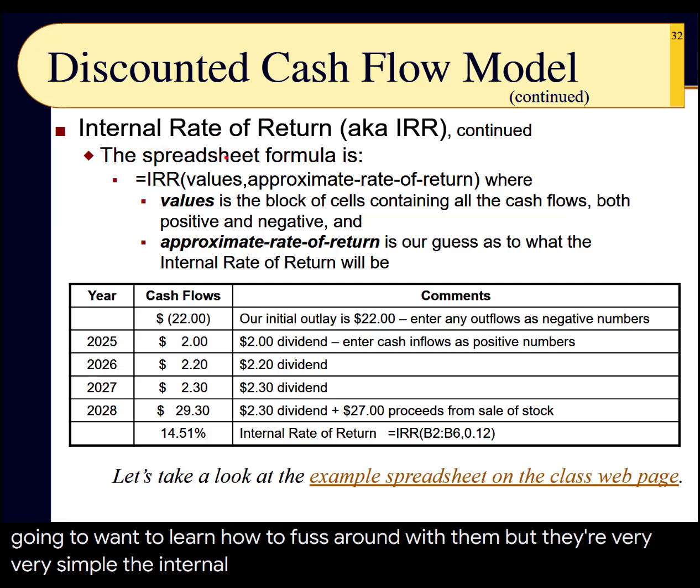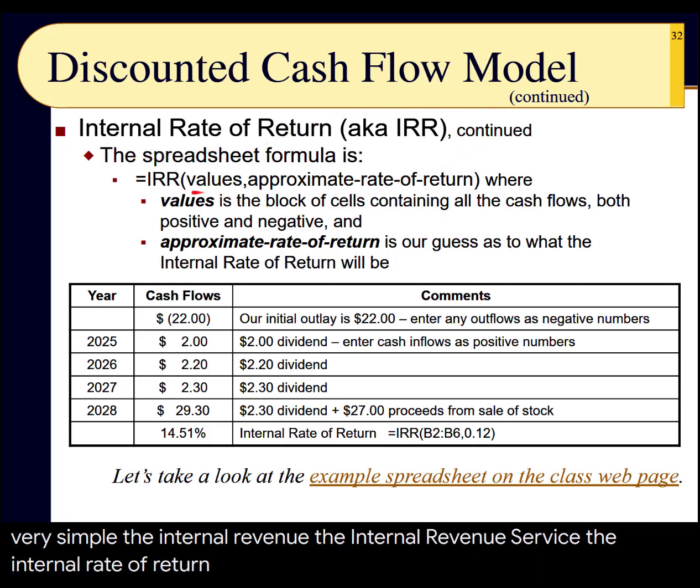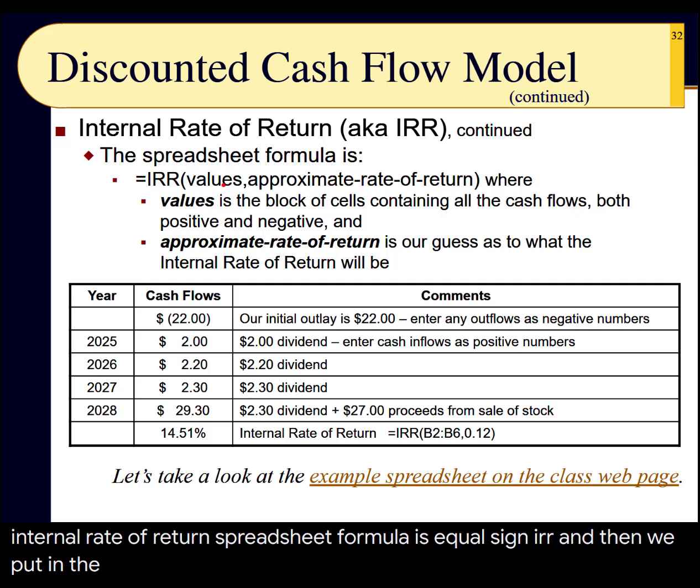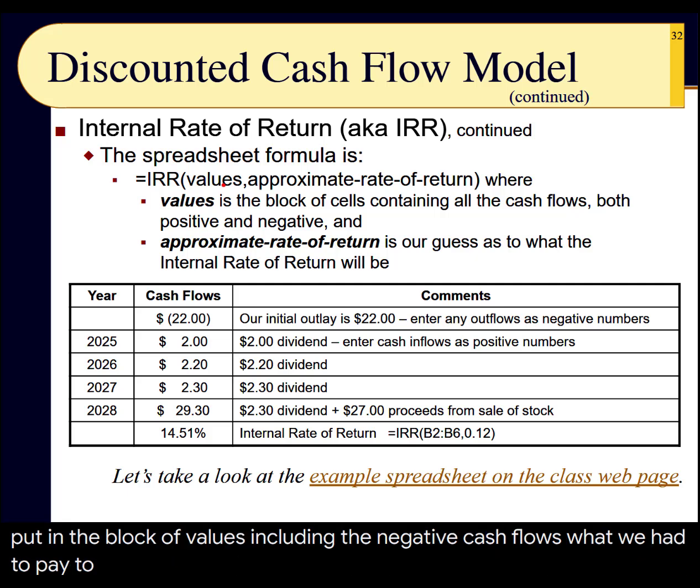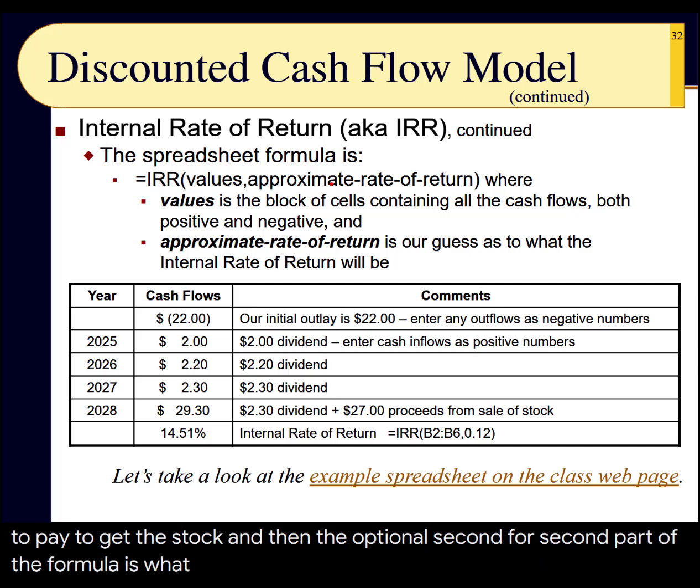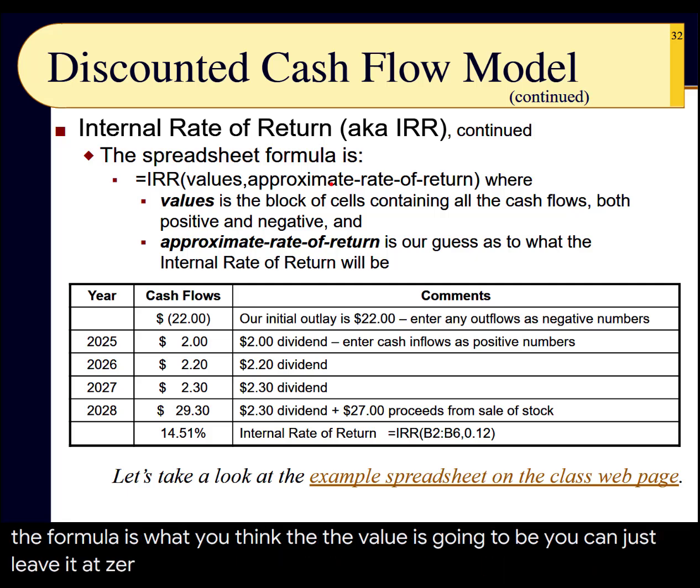The internal rate of return spreadsheet formula is =IRR. And then we put in the block of values, including the negative cash flows, what we had to pay to get the stock. And then the optional second part of the formula is what you think the value is going to be. You can just leave it as 0, and the spreadsheet will try to figure it out itself.